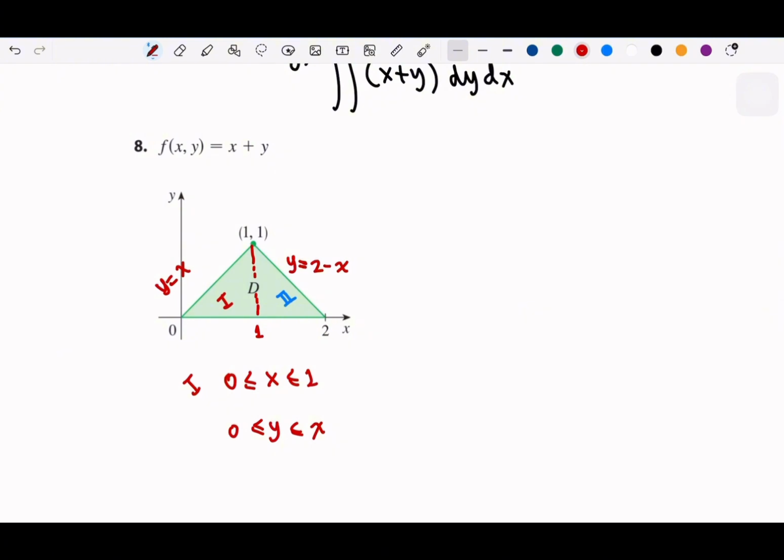So for 2, we could get the x will be from 1 to 2, okay? And then y will be from 0 to 2 minus x. Okay, so you can have this. First is this.